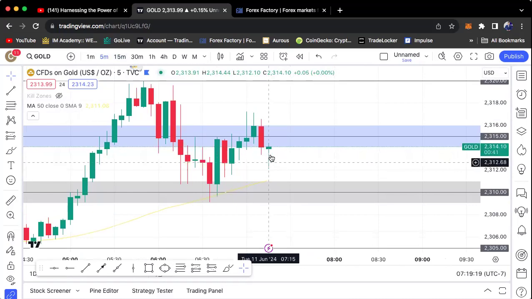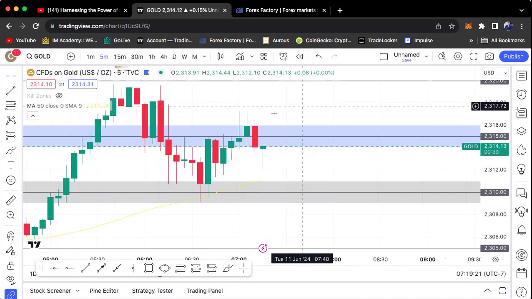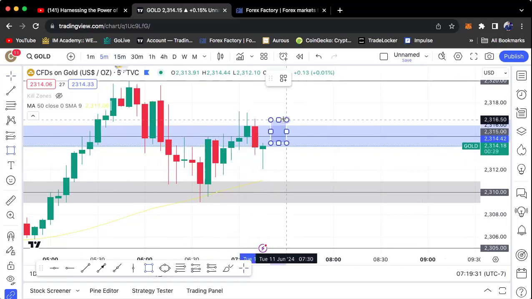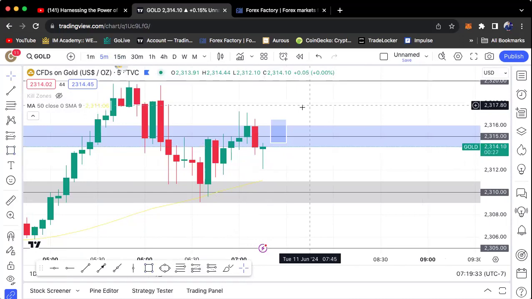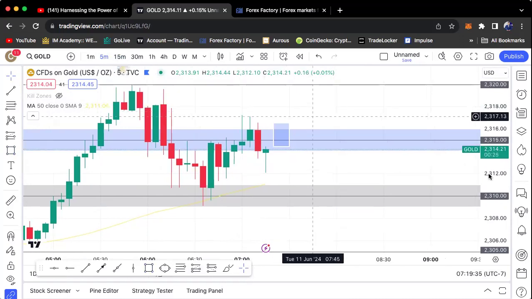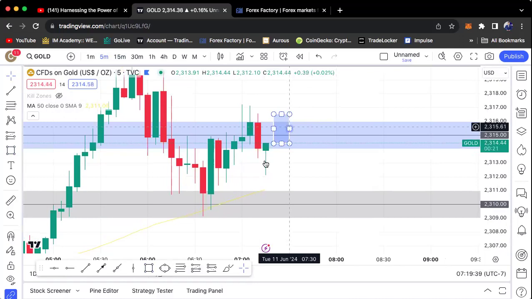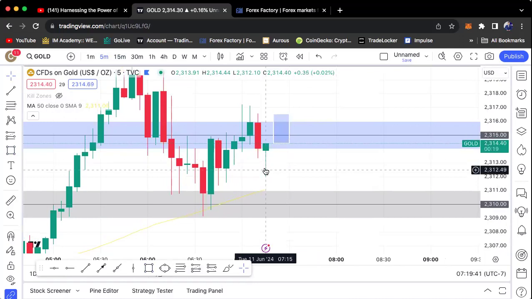It's just liquidating here. I want to see another bullish candle for confirmation. This is good. This is a hammer. It's looking like it's forming a hammer.